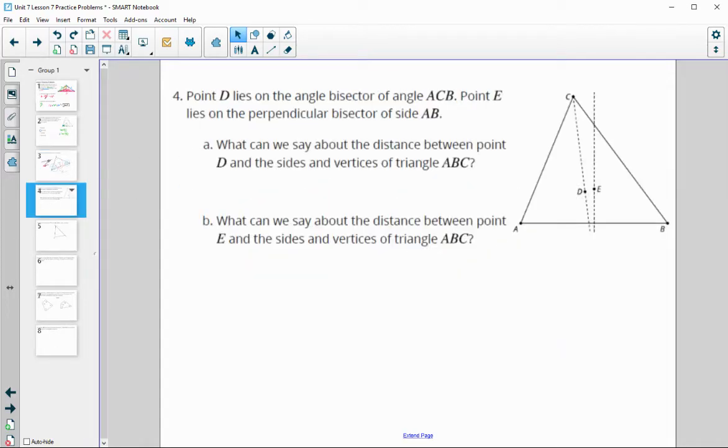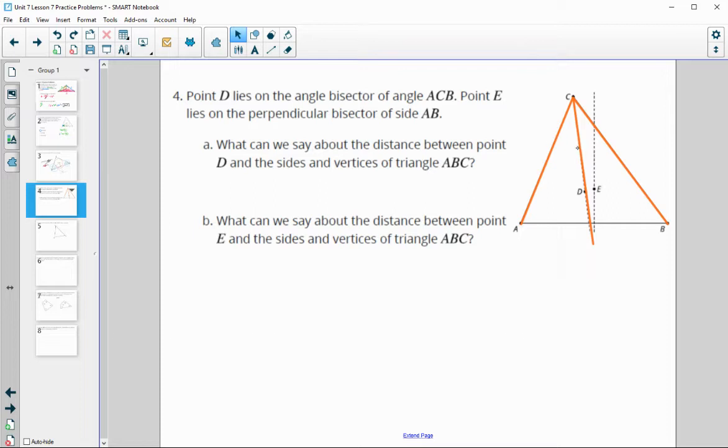Number 4, point D lies on the angle bisector of ACB. So this is your angle bisector of ACB.